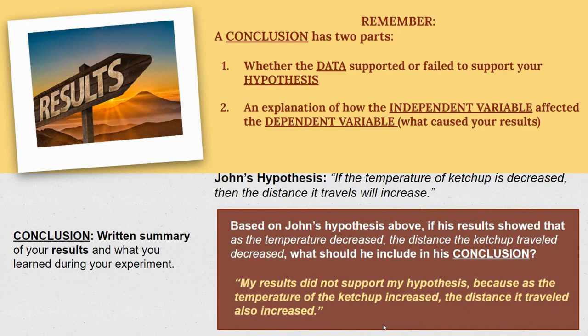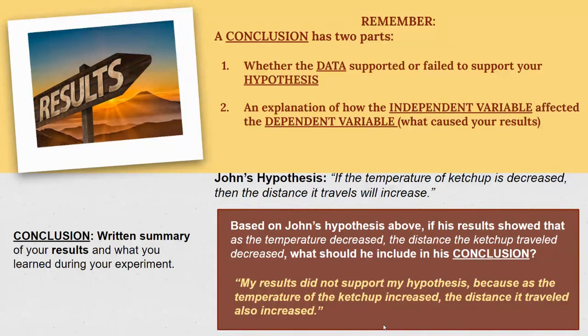So John's original hypothesis was, if the temperature of ketchup is decreased, then the distance it travels will increase. So he thought if the temperature was cooler, it would actually travel further. Based on John's hypothesis above, if his results showed that as the temperature decreased, the distance the ketchup traveled also decreased, what should he include in his conclusion?